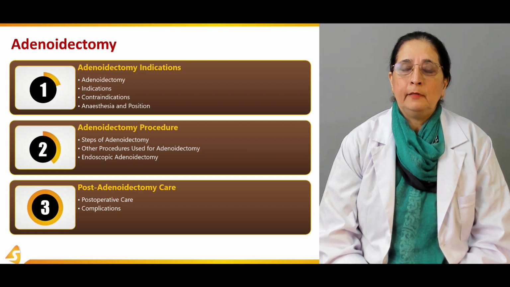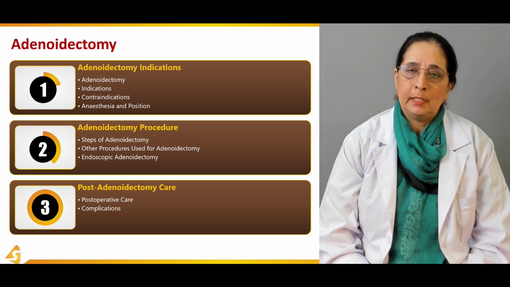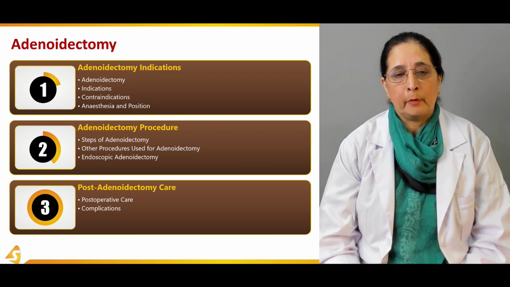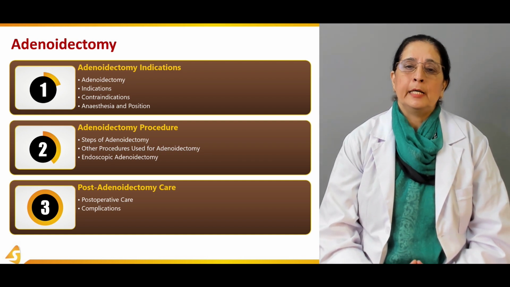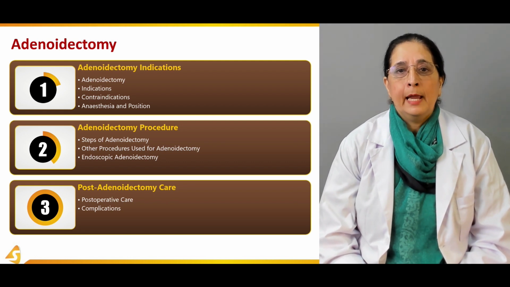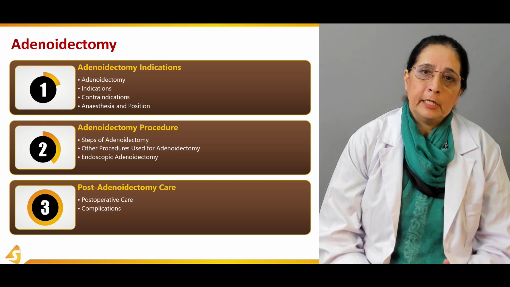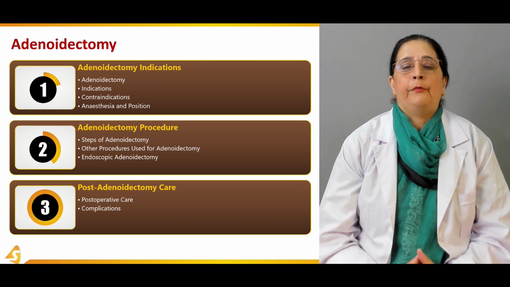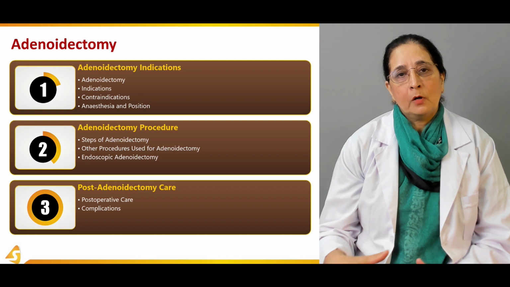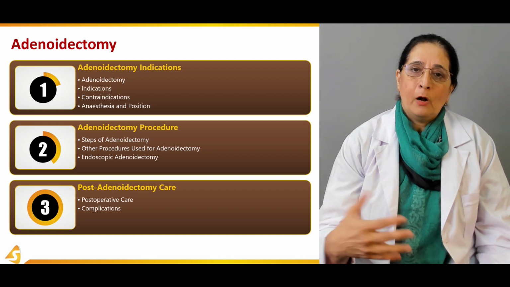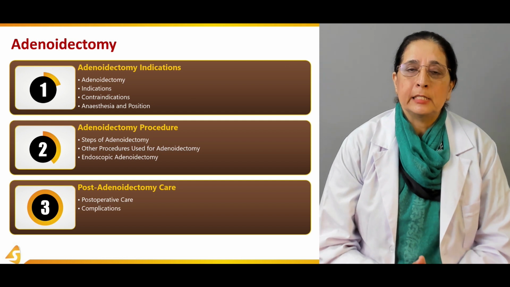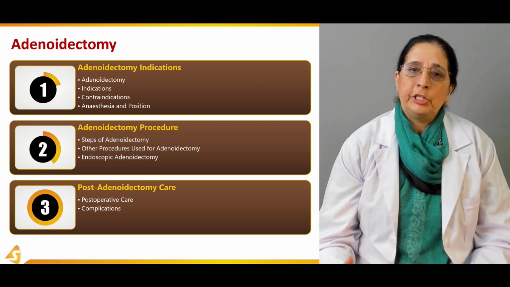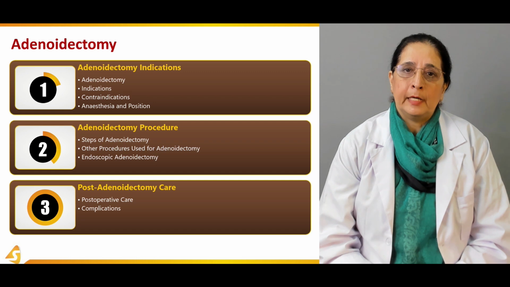In the first section, we will talk about the adenoidectomy as a whole, what is adenoidectomy and why we need to perform it, what are some indications or conditions in which we need to perform adenoidectomy, and what are some conditions in which we don't need to perform adenoidectomy, or we should not perform adenoidectomy, better to say, because some contraindications are present, or the benefits of performing adenoidectomy are less as compared to the complications that can occur as a result of adenoidectomy.